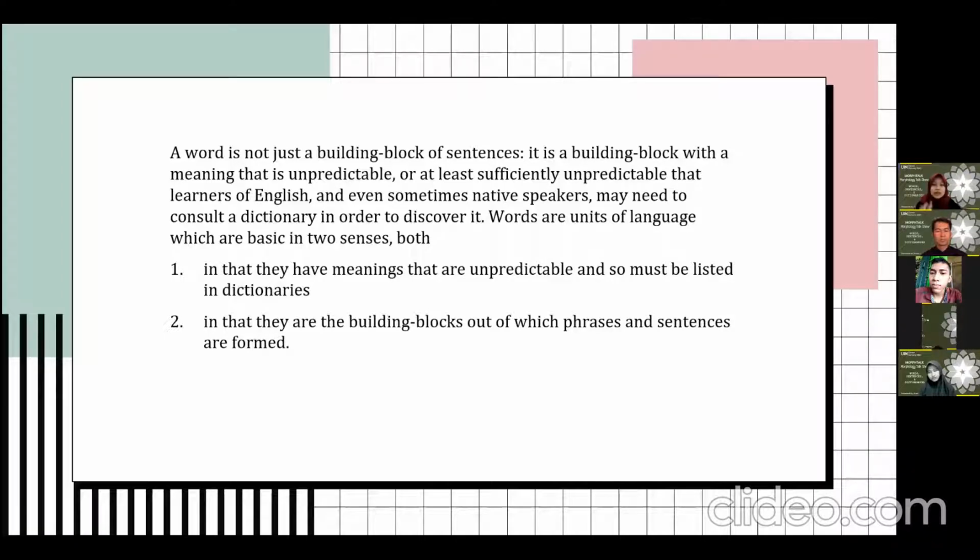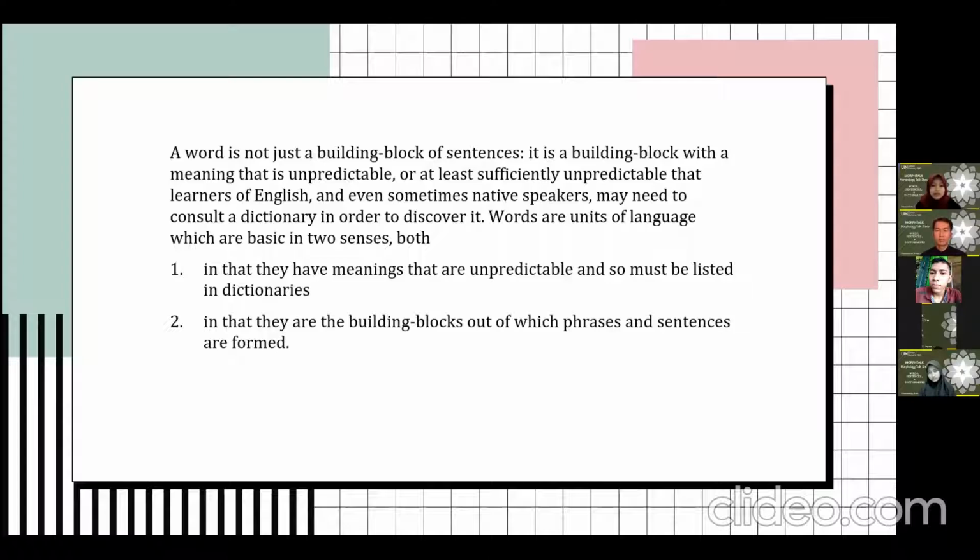So that is what it means that a word is unpredictable. We have to look into a dictionary to find what it means. Ah, apparently she compliments me. So that is what it means by gorgeous. And we can see the spelling and the pronunciation as well.